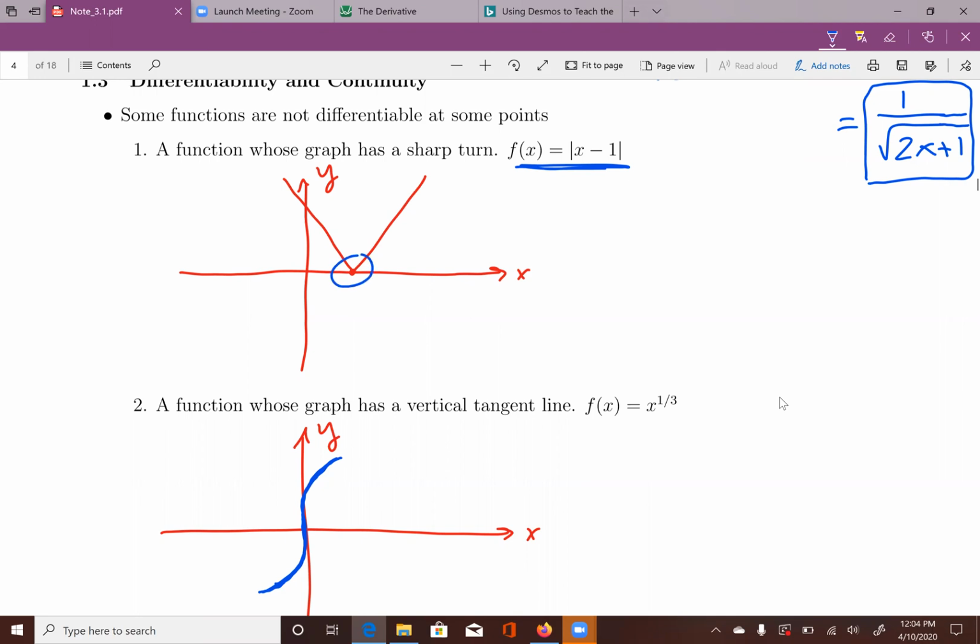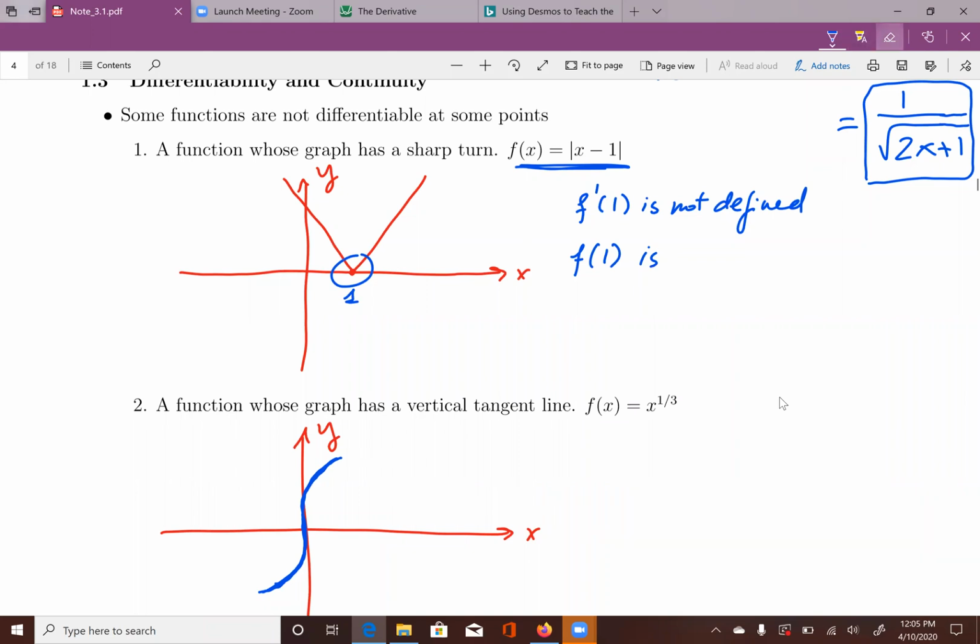At the point x equals 1, the function f of x is not differentiable. So you can see because it's a sharp turn, right? You have no idea what the tangent line is, the slope of the tangent line at the point x equals 1. So f prime of 1 is not defined, even though f of 1 is continuous.